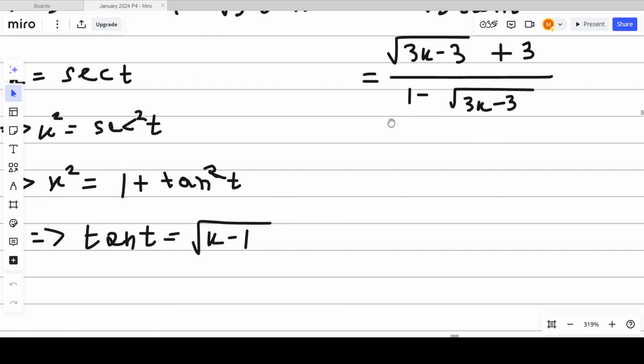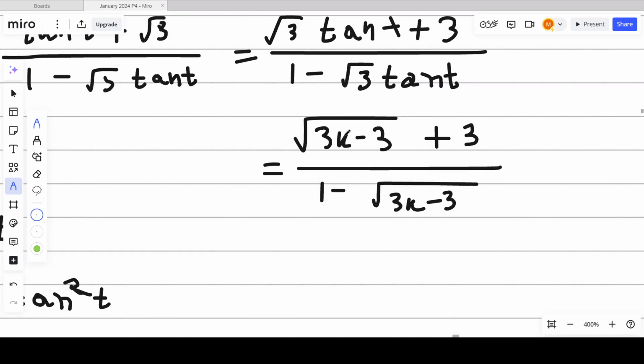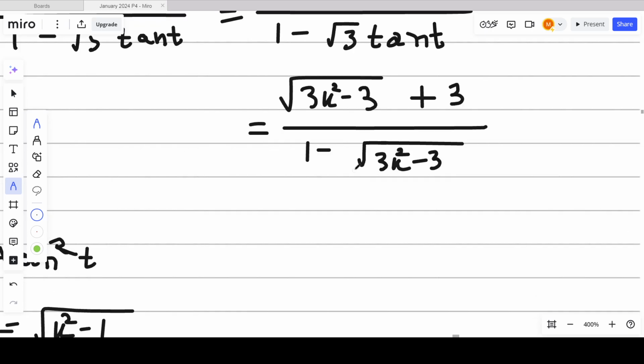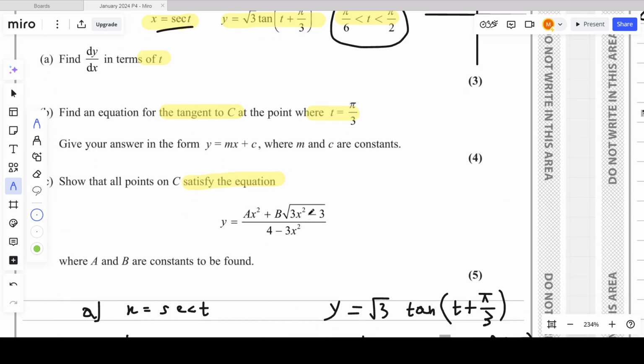Fine. Oh, okay, it was x squared, not x. So it should be x squared. Now let's see the question: square root of 3x squared minus 3.